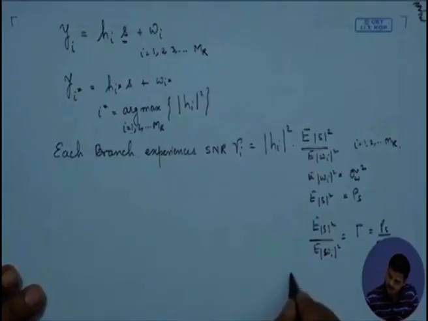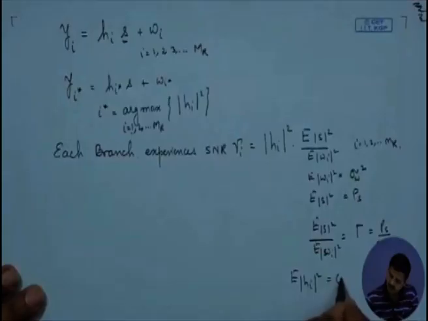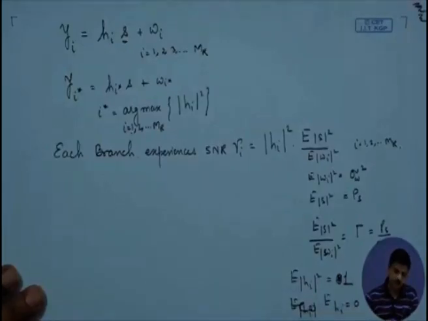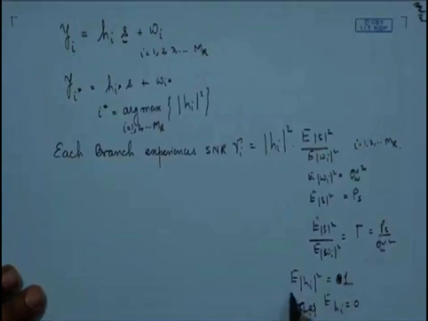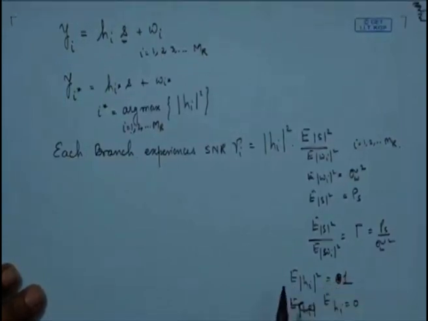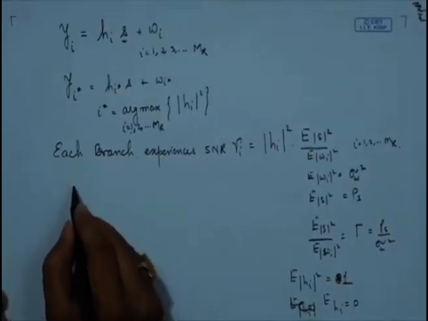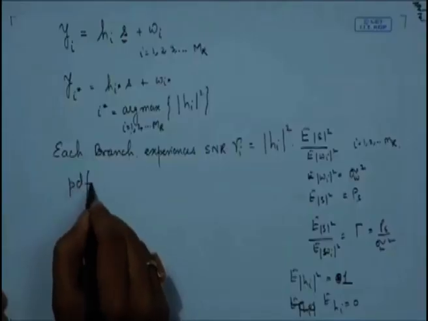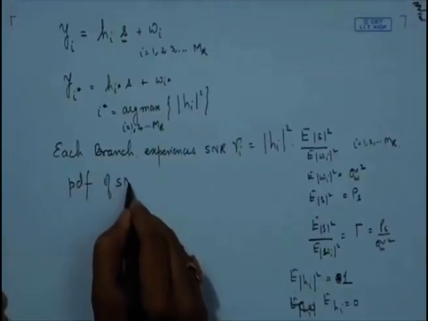We also have the assumption that E of mod h_i squared is equal to 1, and E of h_i is equal to 0. This is for Rayleigh fading, but this is always true as one of the assumptions that we make in this work. In case of exponential distribution, we can write the PDF of the SNR.